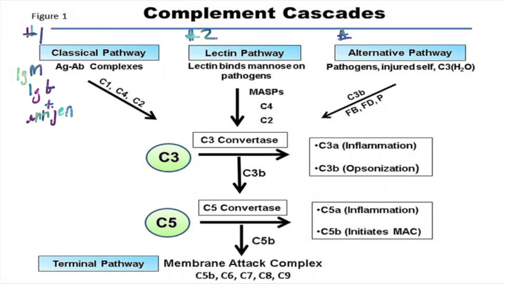The lectin pathway is a mannose binding lectin binding to carbohydrates on the microbe, which directly activates C1. So lectin binds mannose on pathogens. That's a sugar, and lectin is going to bind to the sugar, the carbohydrate, on the pathogen. So that's how the lectin pathway gets activated.